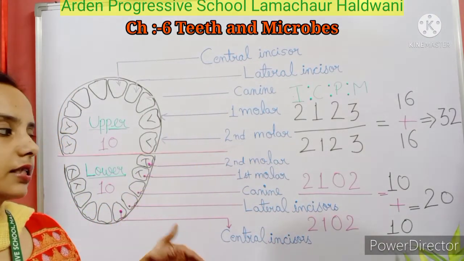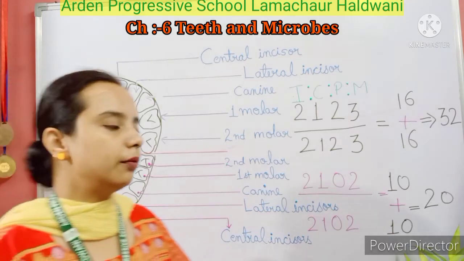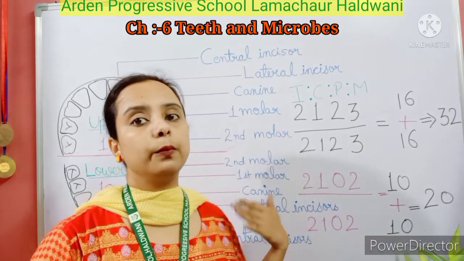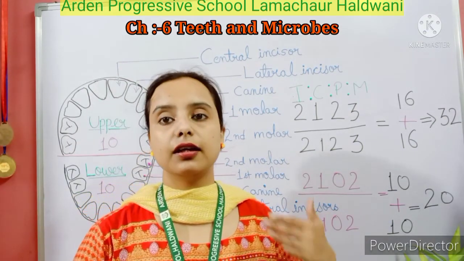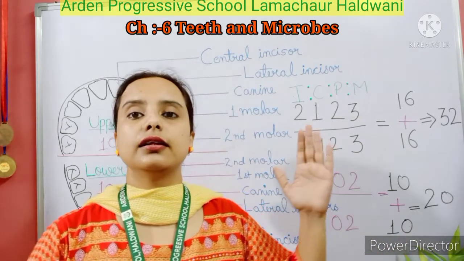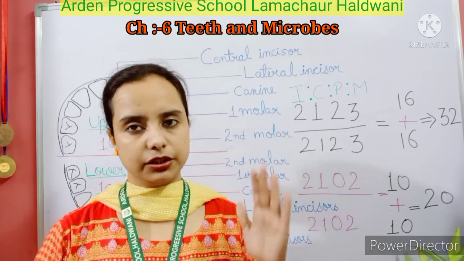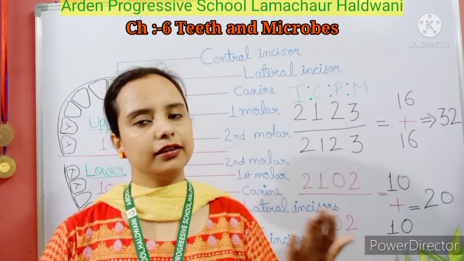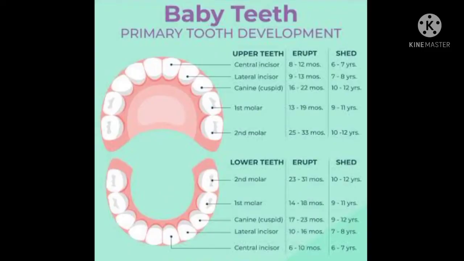Now let's see with the help of a table at which age which teeth erupt, and at what age the teeth get shed off. From this table you can see the upper teeth, at what age they erupt and at what age they shed.